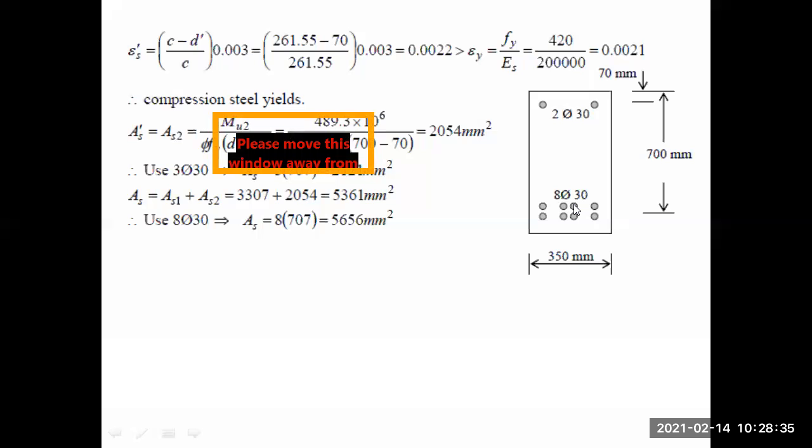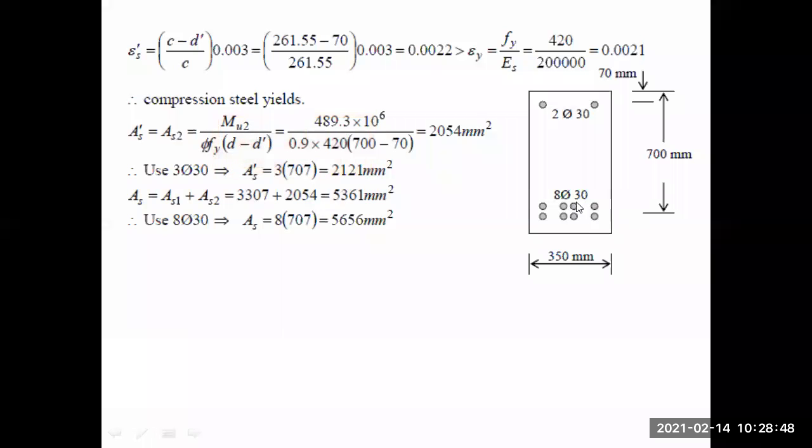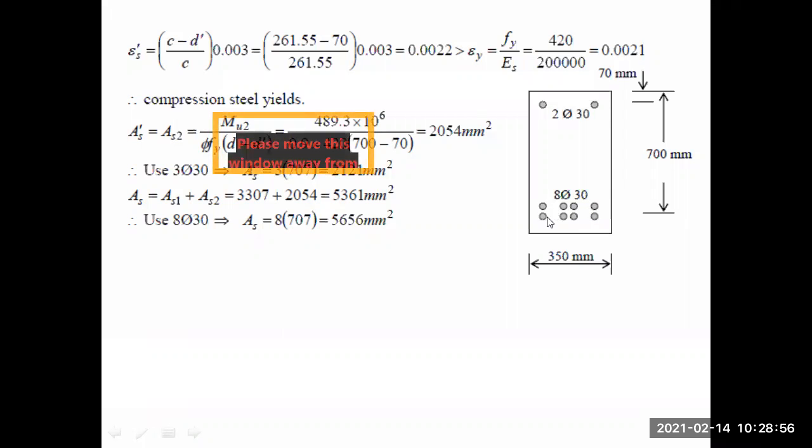Some knowledge about spacing would help. Some knowledge about concrete cover would help, and some knowledge about spacing between two rows of steel reinforcement would help to arrange them properly without violating ACI code requirements. Okay, to be in line with the ACI code, you need to have some knowledge about spacing.